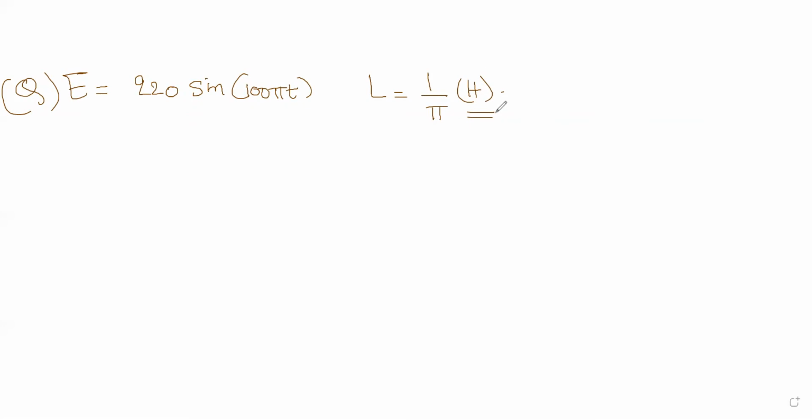So from what is given we can find E naught. E naught is 220 volts, and omega is 100 pi radians per second. That's the unit of omega.